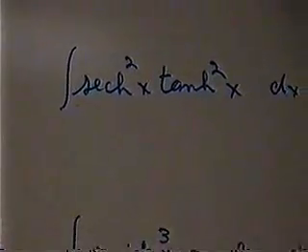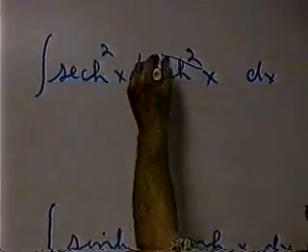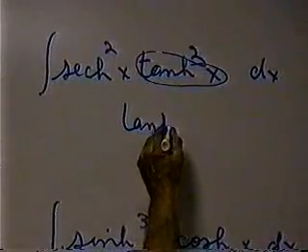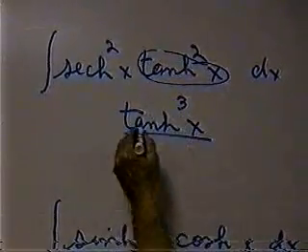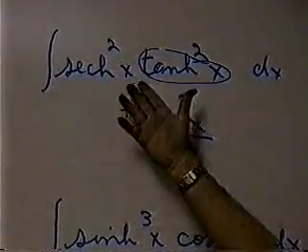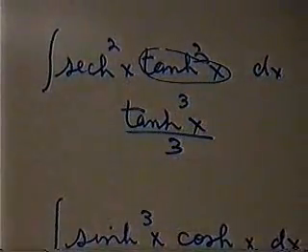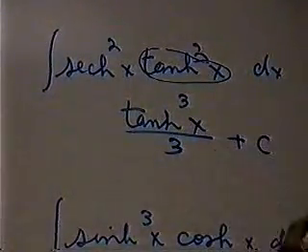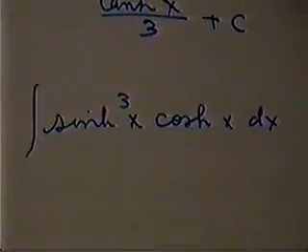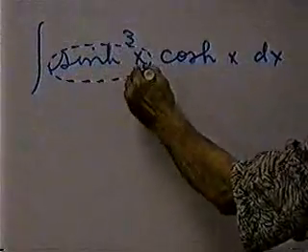Next one is power rule. This is the derivative of hyperbolic tangent. Therefore, this is simply the power rule of hyperbolic tangent. Right, next one. Power rule. This is the derivative of hyperbolic sine.